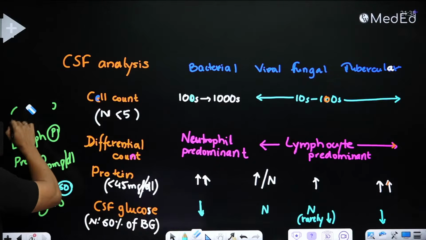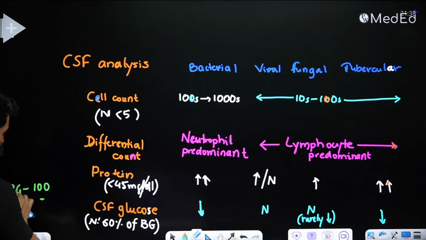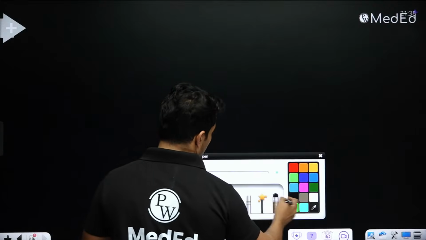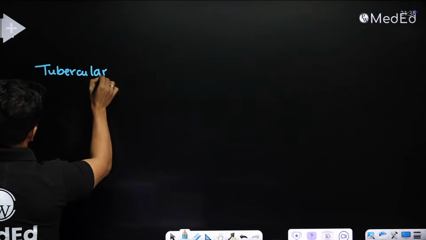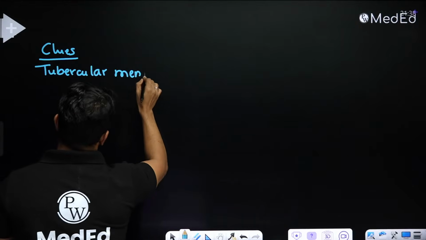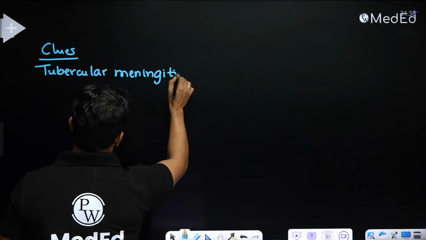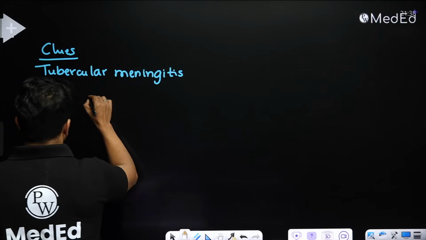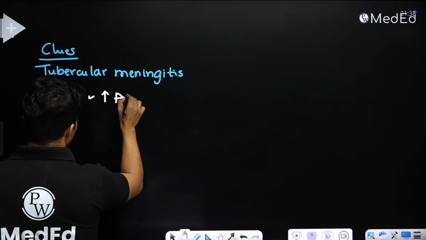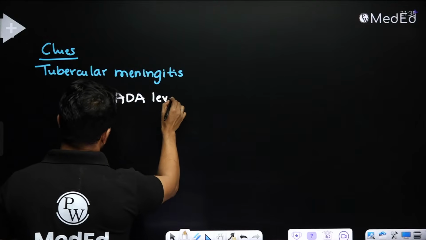Okay, so if you have that clarity about it, let me also give you some additional clues on when you should suspect fungal meningitis and when you should suspect tubercular meningitis based on the CSF report. If it is tubercular meningitis, apart from the history of tuberculosis elsewhere or coming in contact with a case of TB, there may also be a mention of raised adenosine deaminase levels in CSF.